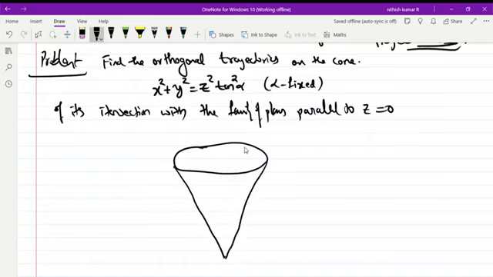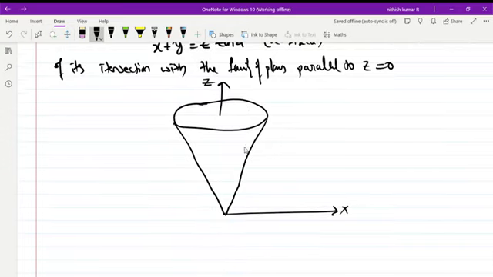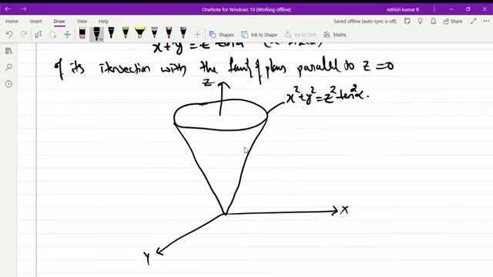This is the z axis, this is the x axis, and this is the y axis, and this is the cone, x square plus y square equal to z square tan square alpha. It is also given which curves: the curves of its intersection with the family of planes parallel to z equal to 0.